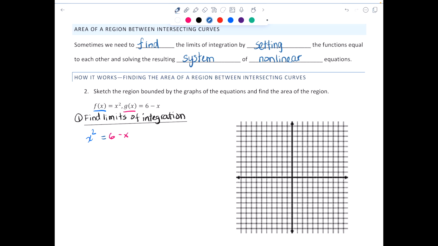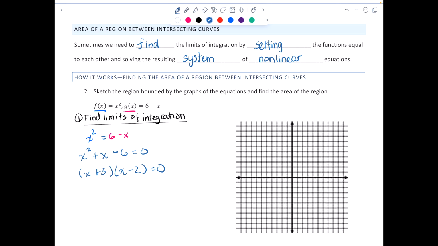So this is quadratic in form. So we want to get everything on one side and then 0 on the other. So we'll have x squared plus x minus 6 is equal to 0. This is factorable. You could always use the quadratic formula if you don't know how to solve it, but it factors as x plus 3 times x minus 2 is 0.